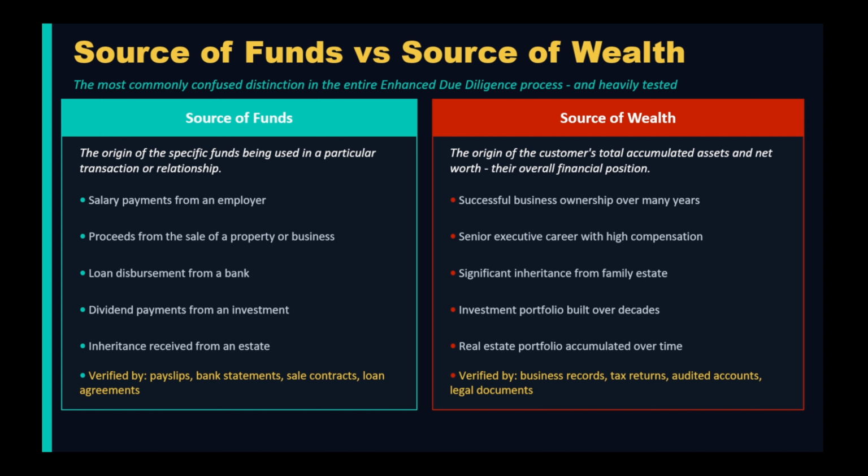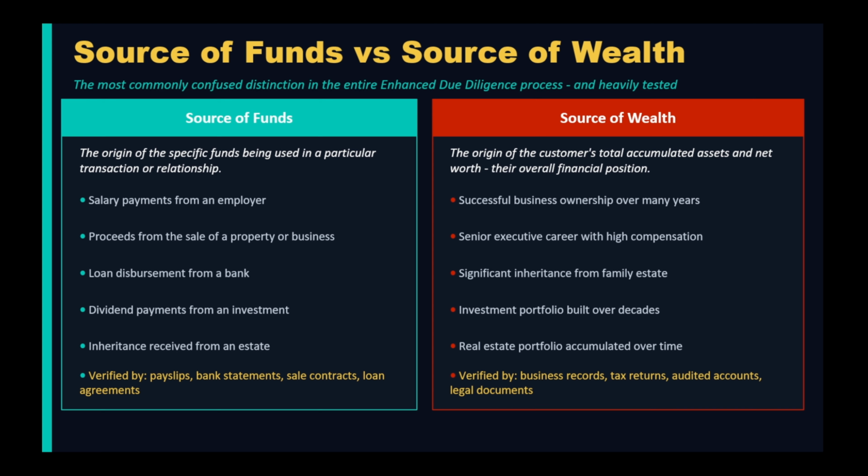Source of wealth. Source of wealth is the origin of the customer's total accumulated assets and net worth. It is broad in scope, covering the customer's entire financial history and the explanation for their overall financial position.